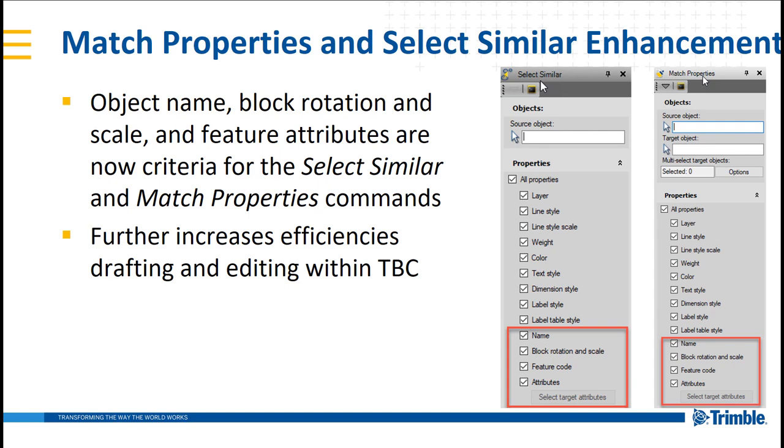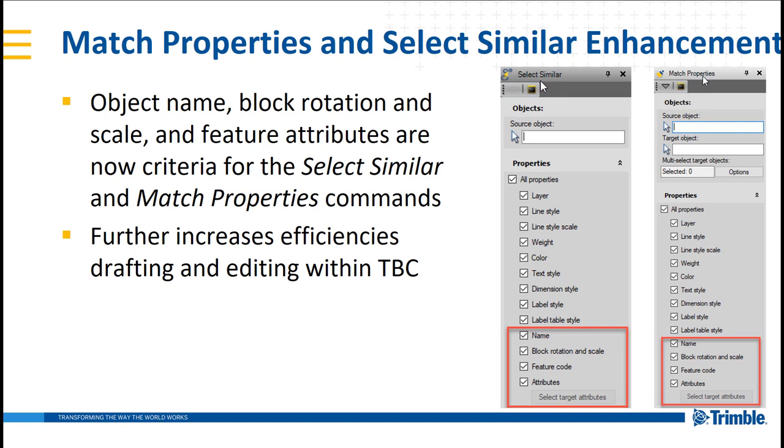Some useful enhancements with our match properties and select similar routines. We've added the object name, block rotation and scale, and feature attributes as criteria for the select similar and match properties commands. These will then result in further efficiencies in drafting and editing in TBC.